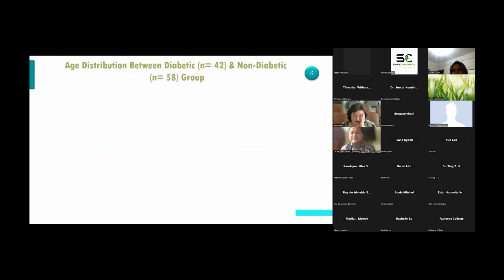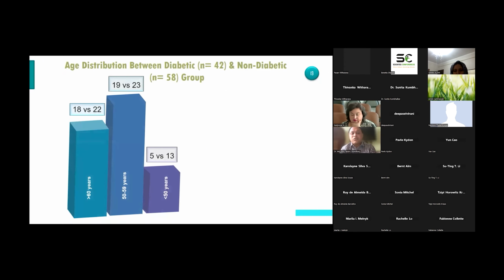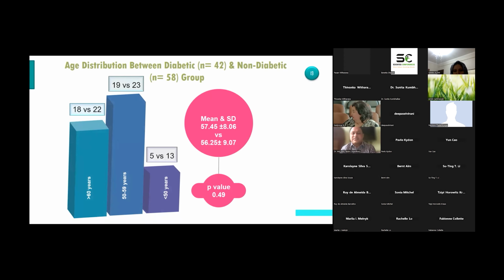Regarding the age distribution between the diabetic and non-diabetic groups, most of the population were more than 50 years old. However, this parameter was not statistically significant. The p-value was 0.49.